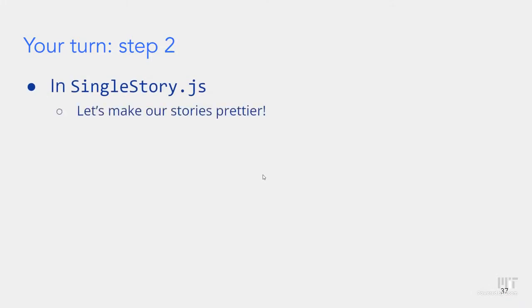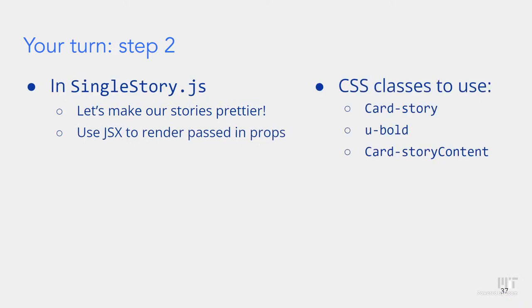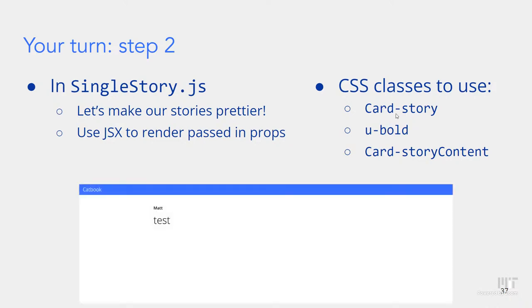In single story.js, we're going to make the stories prettier using the CSS classes card story, the bold utility class, and card story content. These CSS classes are located in the card.css file in modules, so you want to import that in your single story.js. And you want it to look something like this.